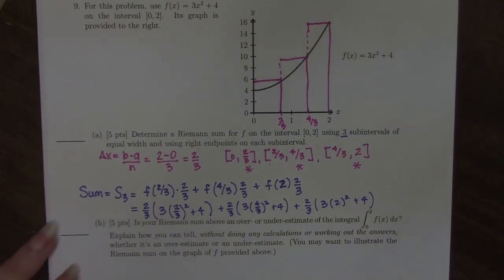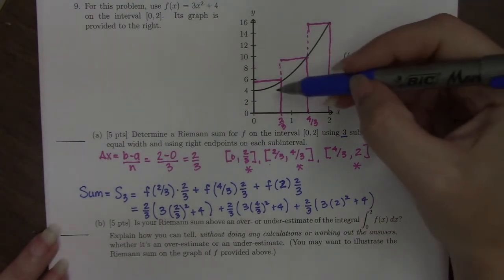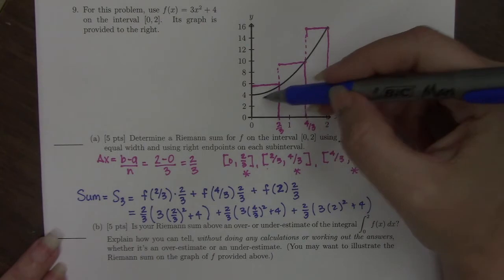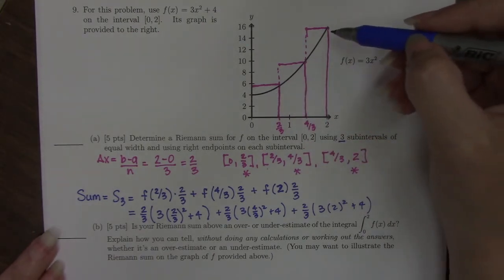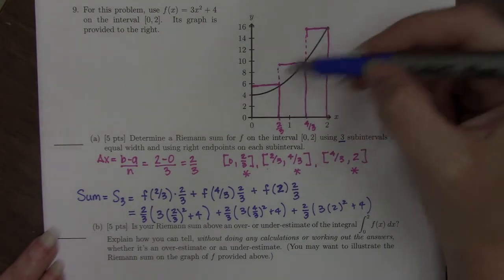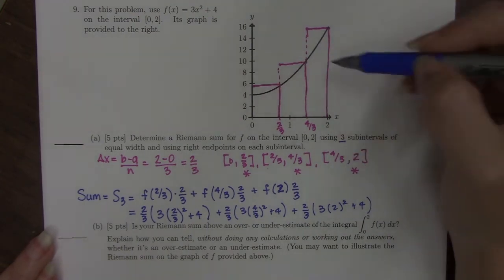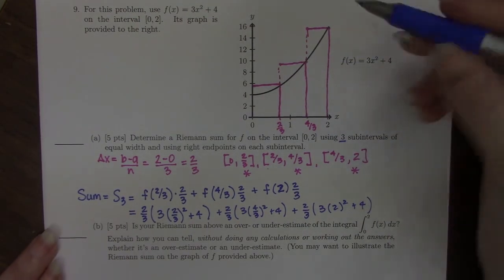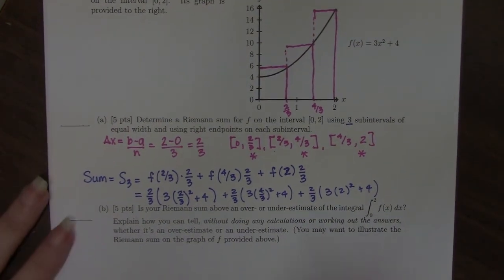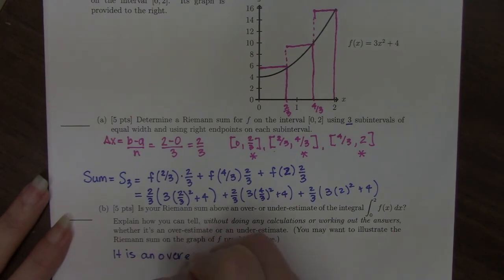Is your Riemann sum an over or an underestimate for the integral? The integral is the area under the curve, right? So it's from the function back down. Just by looking at the picture we drew, we can see that the rectangles are grabbing more area than the integral would grab. So it is an overestimate.